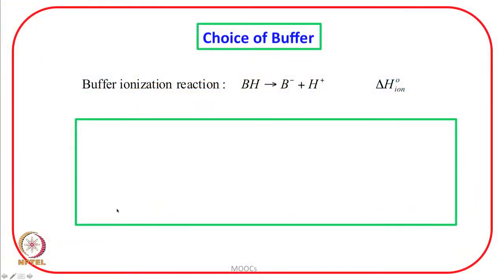So, let us take a look at the slide in deciding the choice of buffer. Buffer ionization reaction means, let us say the buffer is BH, the ionization reaction will be B minus plus H plus, and the corresponding enthalpy, let us call this the enthalpy of ionization of the buffer.